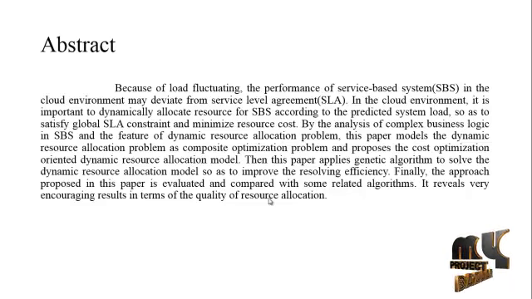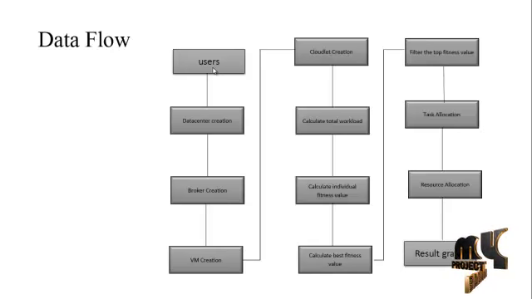In this process, the resource allocation can be done on certain resources to reduce the dynamic cost at the process level. In the data flow diagram, the user first does the data center creation. In the data center creation, it mentions a certain number of nodes and certain processes to run, and there are service creations.